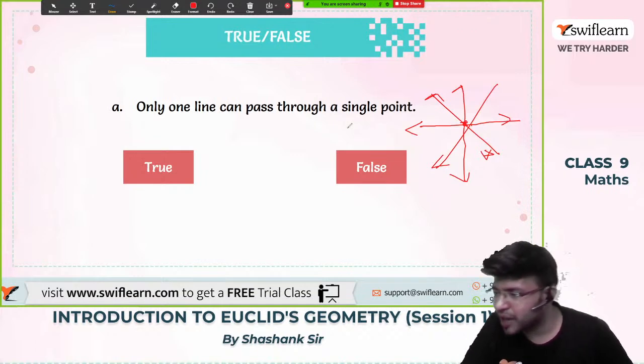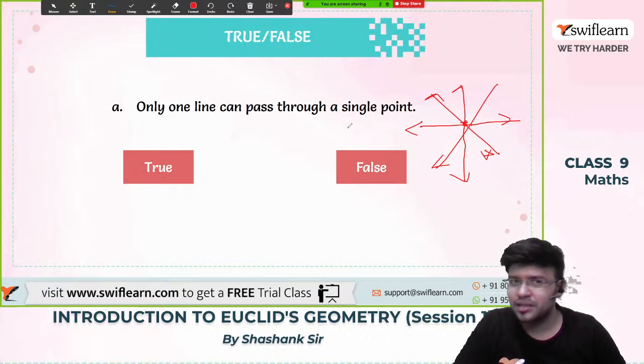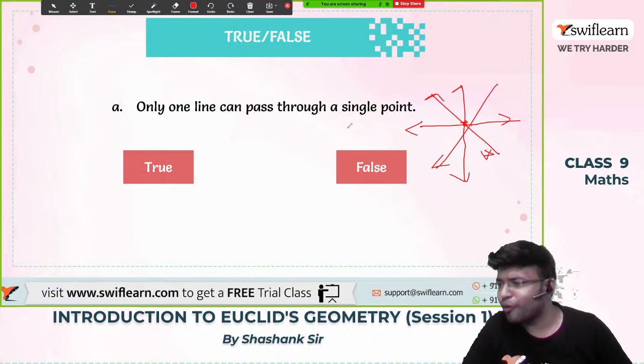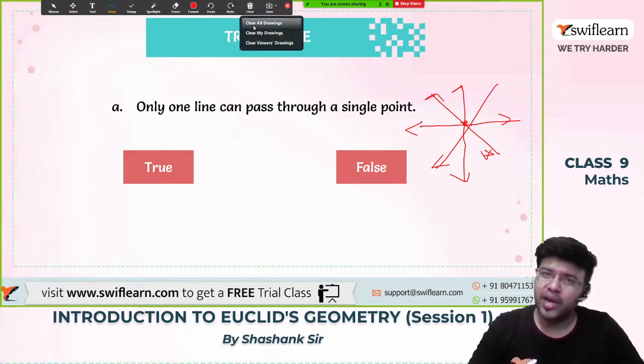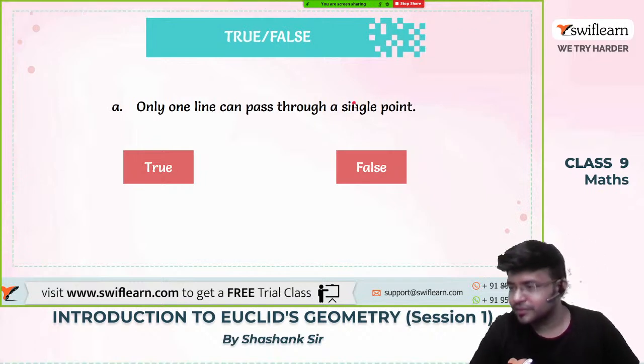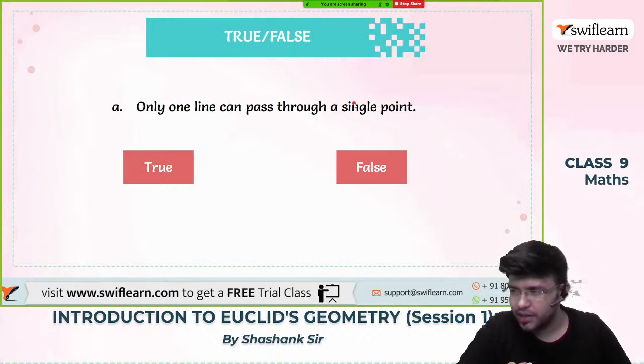Come on, comment in the chat. Sudhir, are you there? Sarthak, are you there? Yes, only one line can pass through a point. Is it true or false? Comment in the chat. Should we check the answers? Yes. 10 seconds more I'll give so that you can comment the answer in the chat.